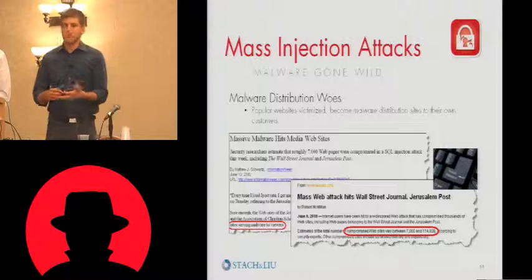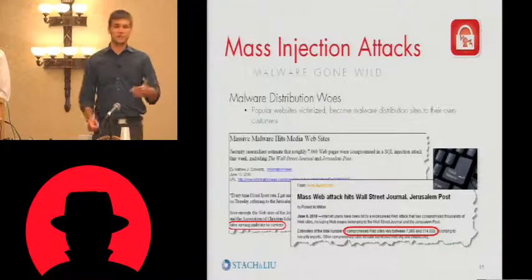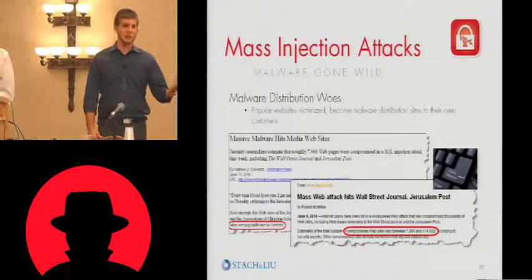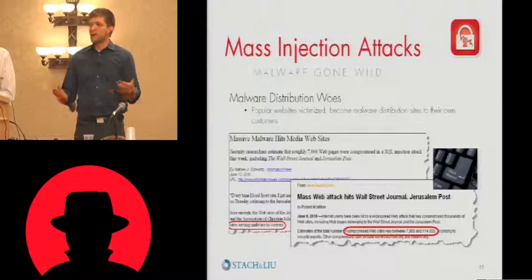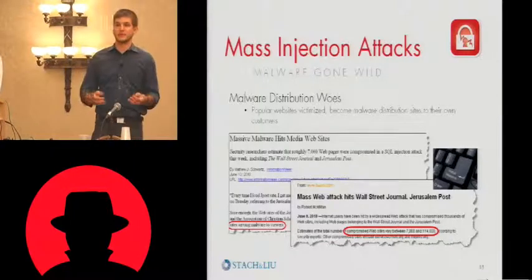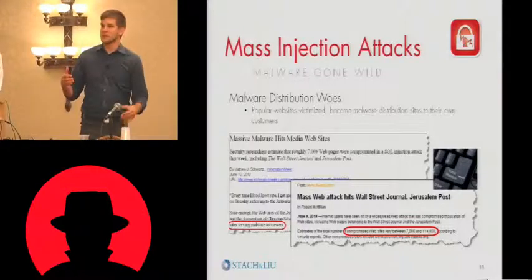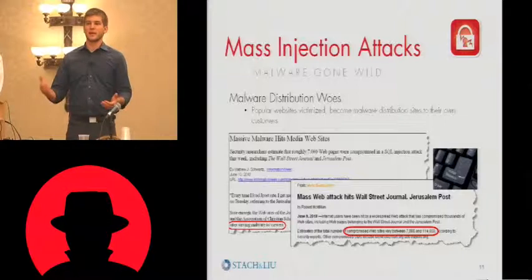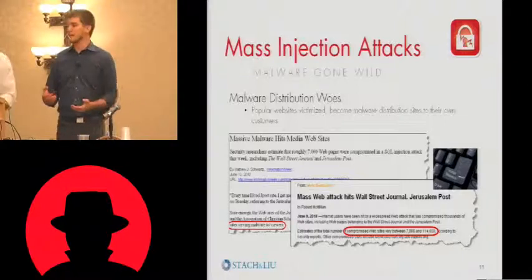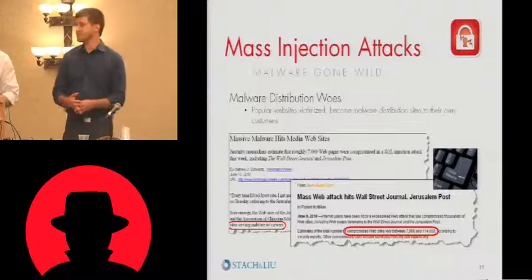Everyone kind of glazes over the fact that with mass injections, such as the ASPRox worm that was popular about a year ago, step one is to search Google for sites that are disclosing that they're vulnerable. So we wanted to raise awareness that there are some techniques we can use to identify those malicious links and alert ourselves if our site becomes infected with them.